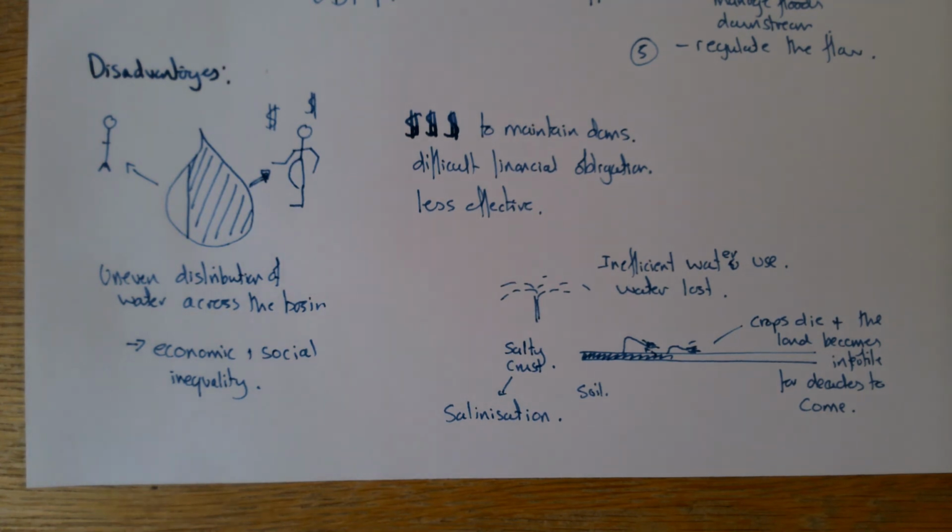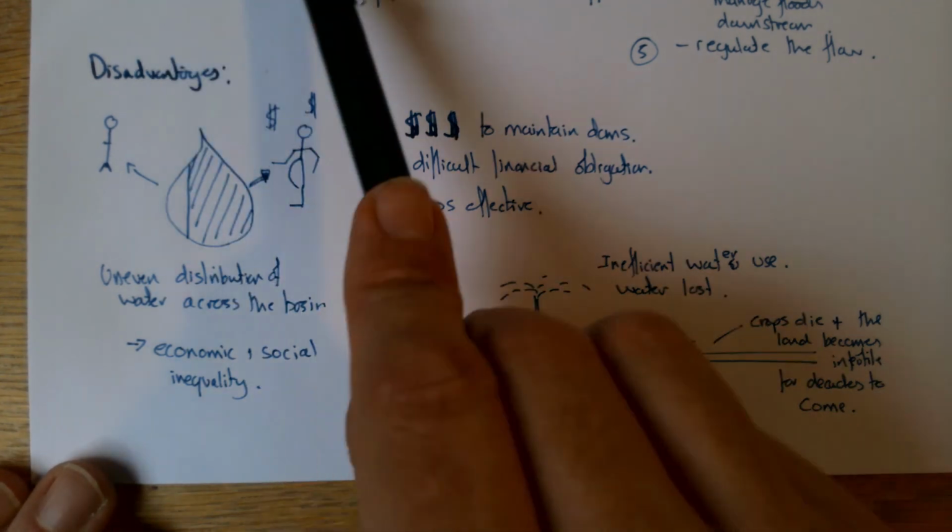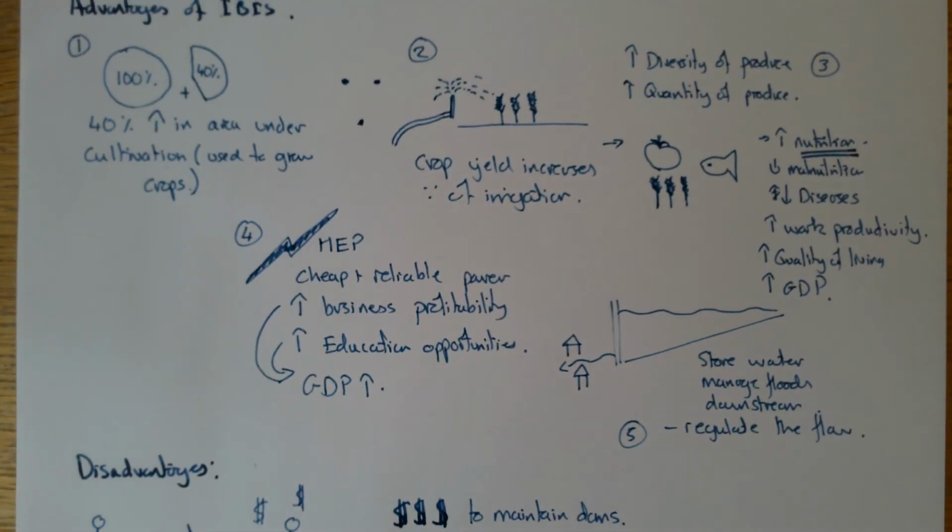As of now, they have largely been avoided and the population has remained fed. So if you're going to write a 9-mark answer about this, you can talk about the disadvantages, but you'll probably want to say that overall those advantages are more significant.